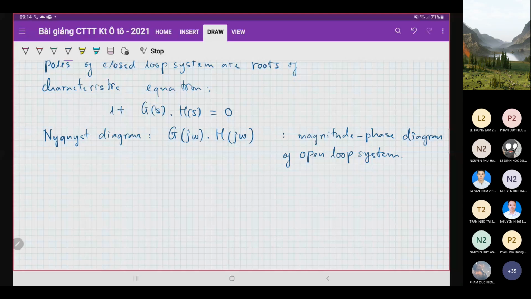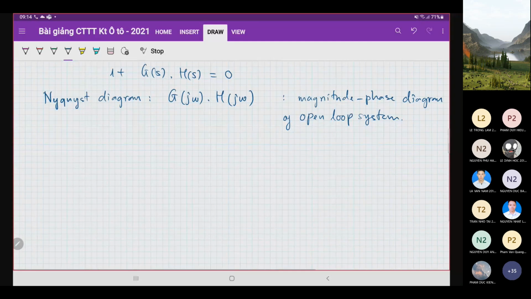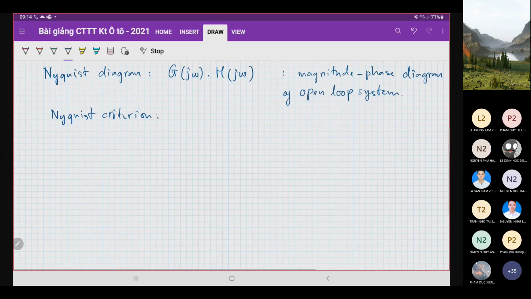Then we have the Nyquist criterion, Nyquist with an i, not a y.